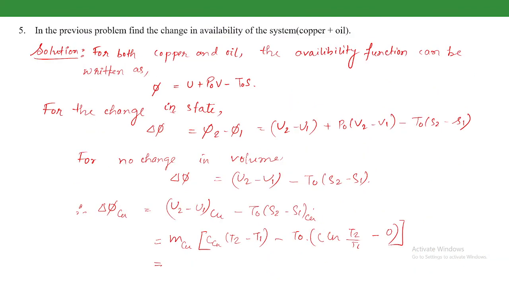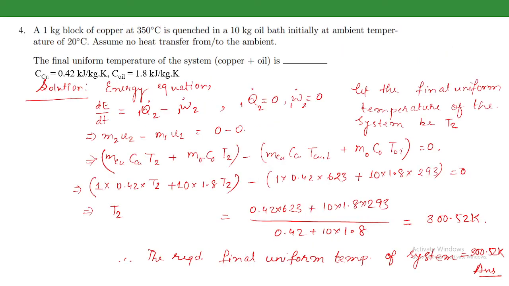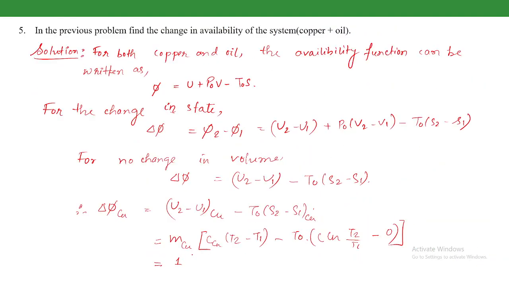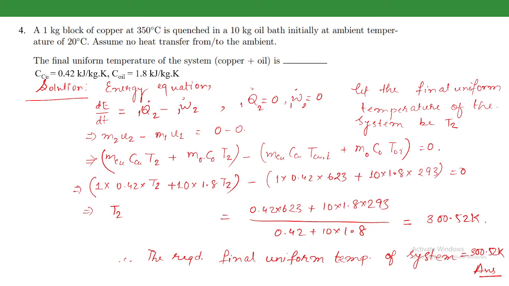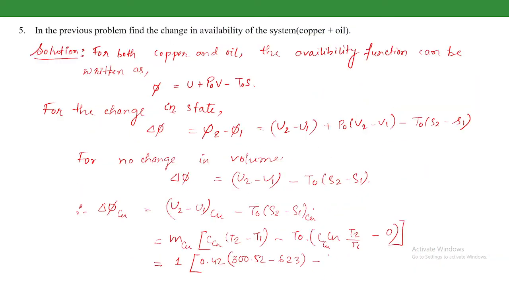So let us put in the values. This is 1 kg of copper, 0.42, 300.52, and initial temperature of copper is 623 Kelvin. The ambient is 20 degrees Celsius, so 293 Kelvin.